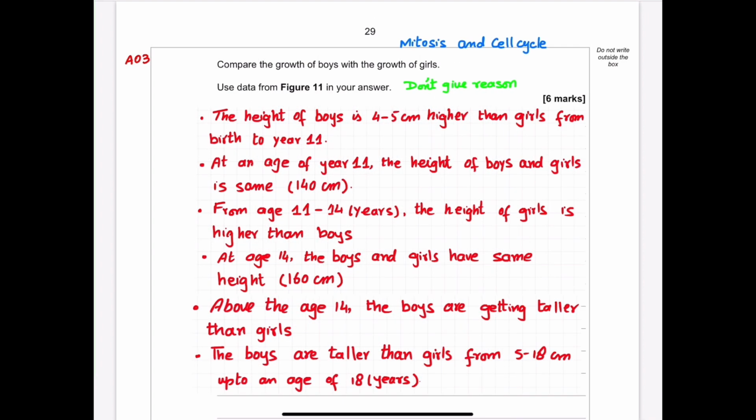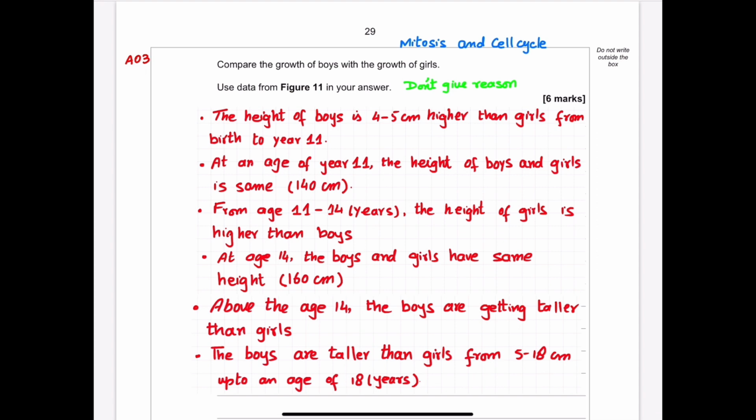The height of the boys is 4 to 5 centimeter higher than the girls from birth to year 11. At the age of year 11, the height of the boys and the girls is the same, that is 140 centimeter. From age 11 to 14, the height of the girls is higher than the boys.